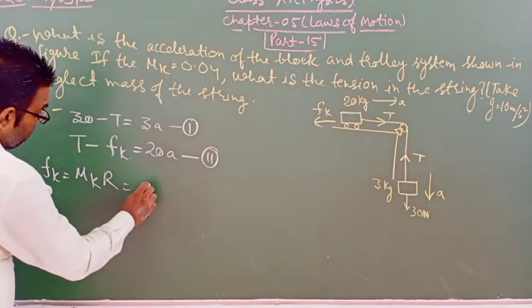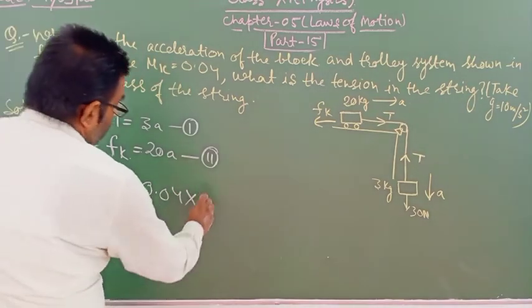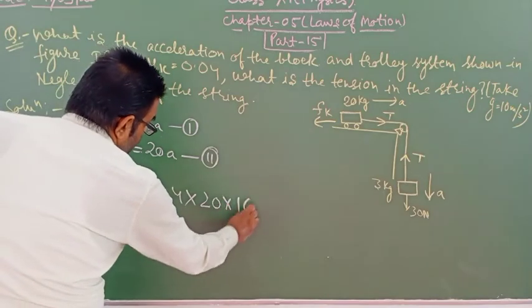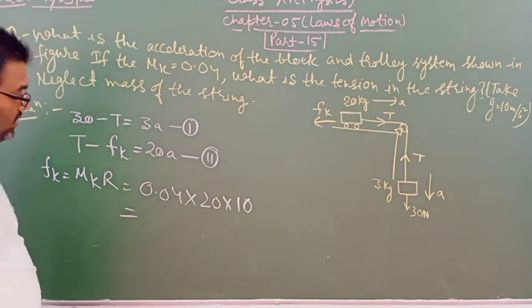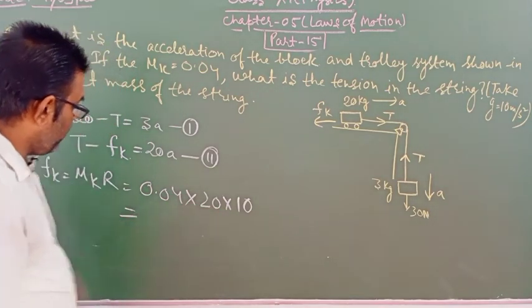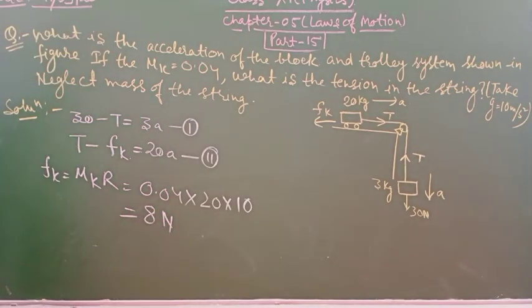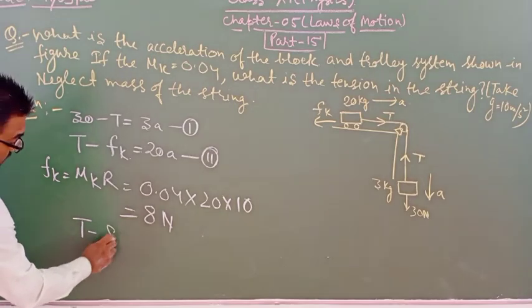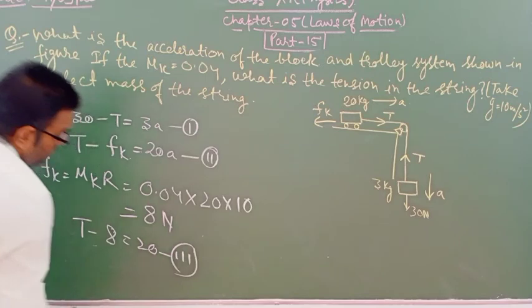So the value is 0.04 into 20 into 10, which is 8 Newton. So Fk will be 8 Newton. Now we can put the value of Fk here. So T minus 8 is equal to 20a. This is equation number 3.